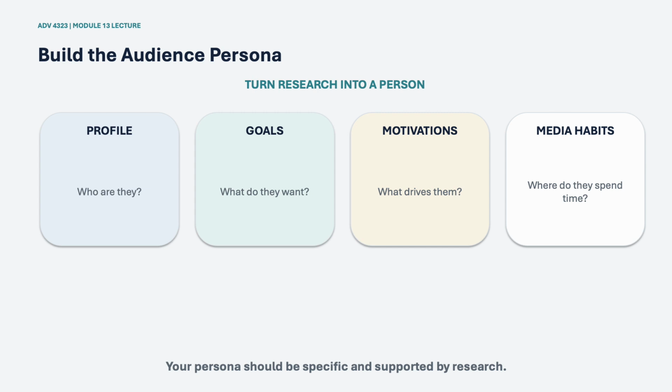It should help us understand that person's goals, motivations, behaviors, media habits, and other characteristics that influence how they interact with brands. Do not replace the creative persona you previously developed with a simple list of characteristics. The purpose here is to integrate and improve the work you've already completed.